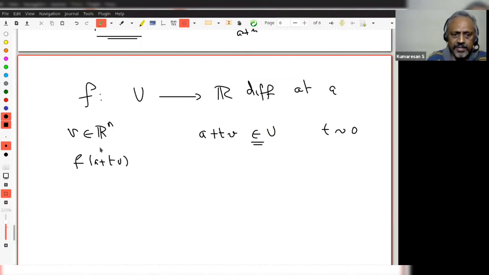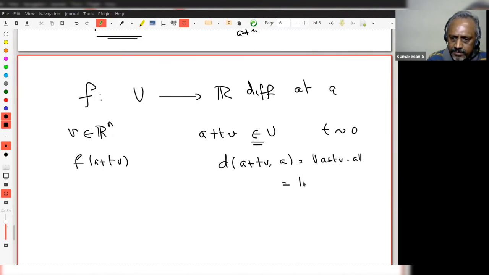Because I want to write f of a plus tv, but it will make sense only if a plus tv is in U. So I say if t is very near to 0, this will be there. Why? Let us look at the distance between a plus tv and a, as I just now did. This is the length of a plus tv minus a, that is the length of tv, that is mod t times the norm of v.